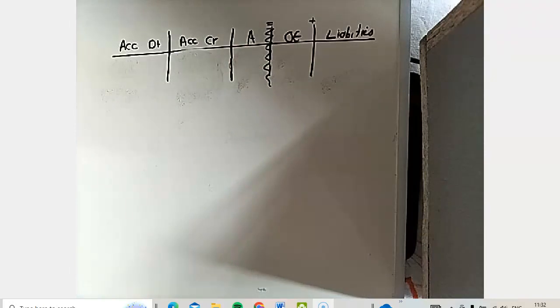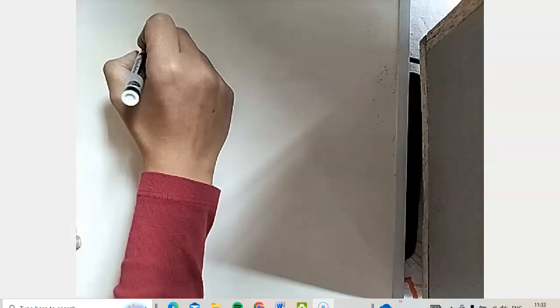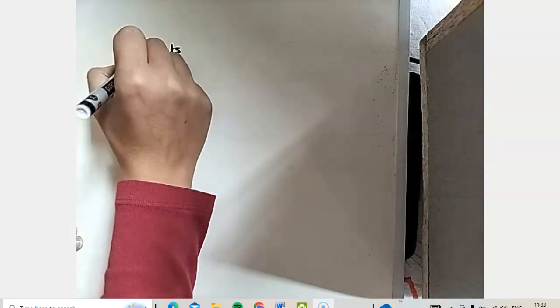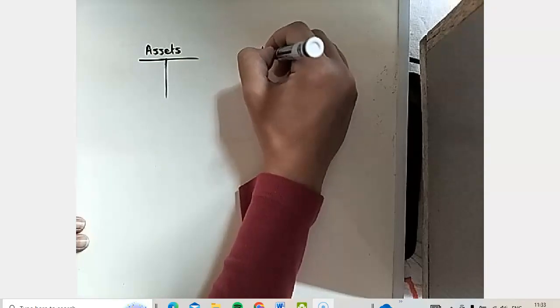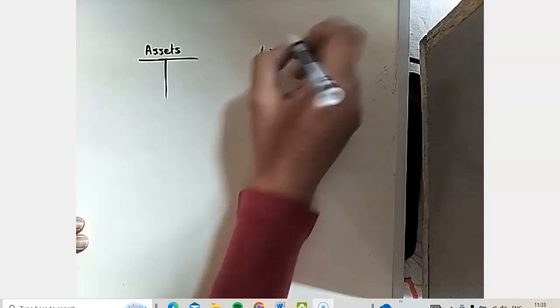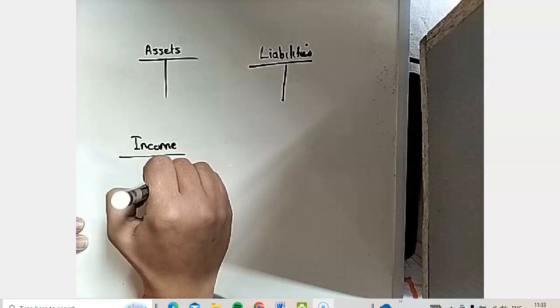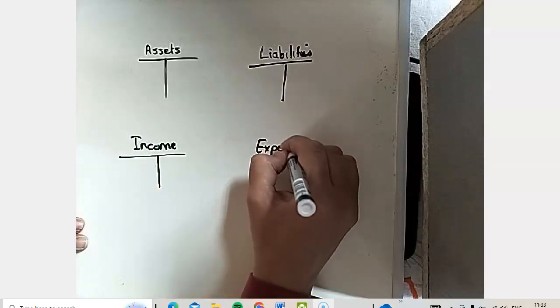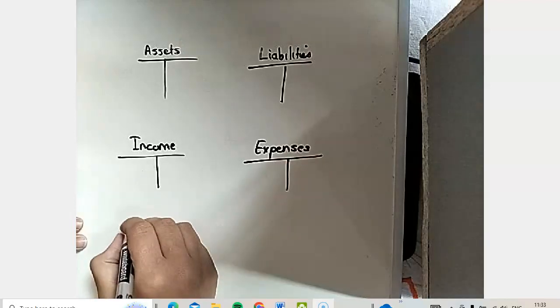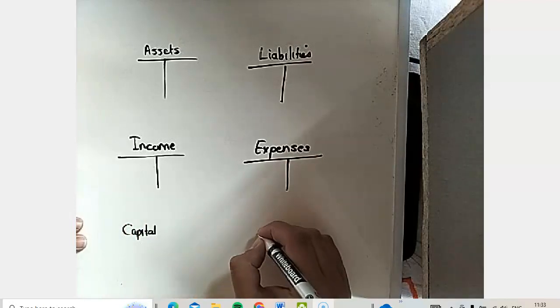But now, which account will always be debited, which account is being credited? If we erase the following and focus on which accounts are being debited and which accounts are being credited, you will find the accounting equation actually very easy. So if we put assets, we put liabilities, we've got income, we've got expenses, we've got capital, and we've got drawings.